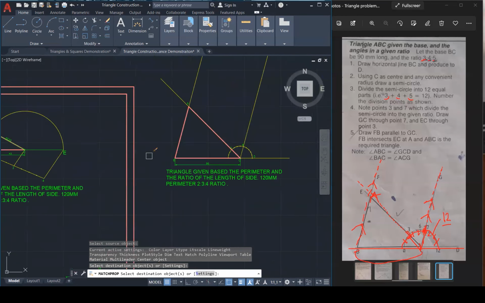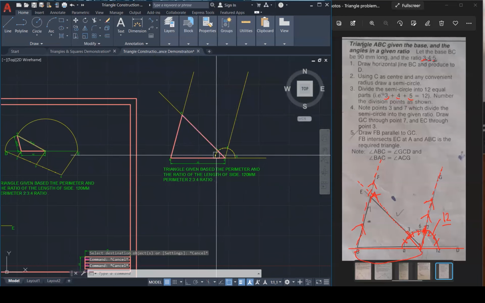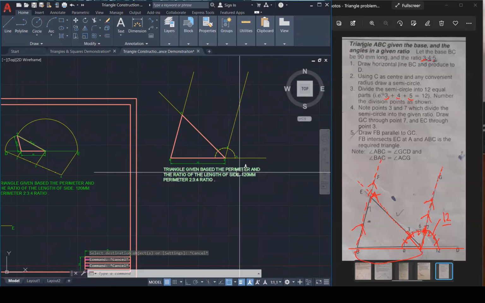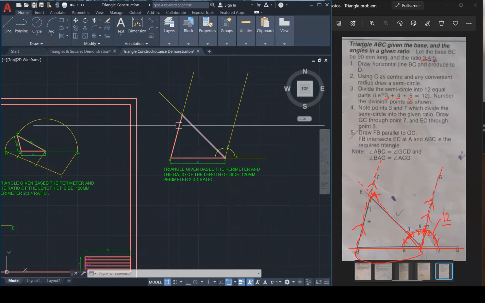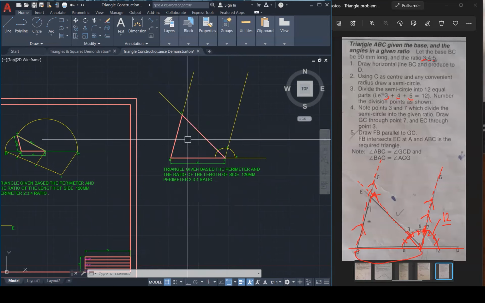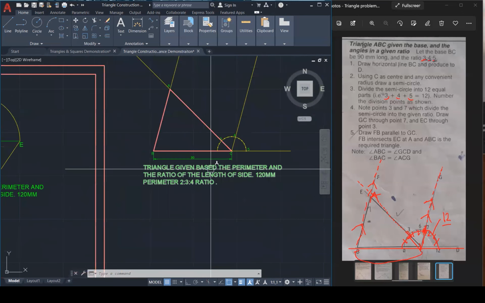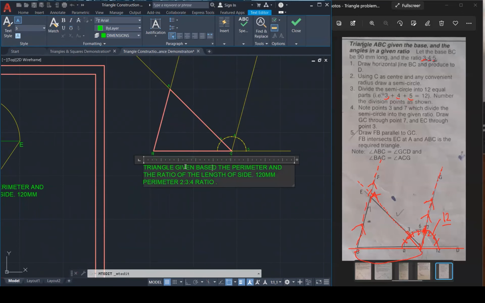And if anybody wanted to, you can just construct this and find what is the angle there at 3 and so forth, and see if they correspond to the angle at 4, 3, 4, and then the angle at 4 to 5, if they're matching by the angles within the triangle here, right? You can do that. Triangle given the base and triangle given base and the angles in a given ratio.